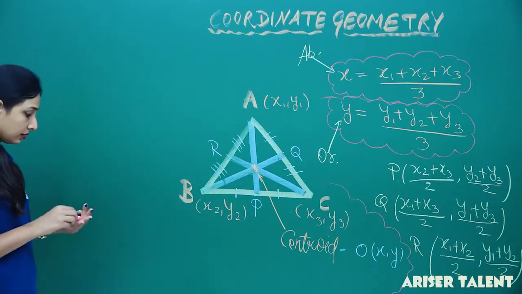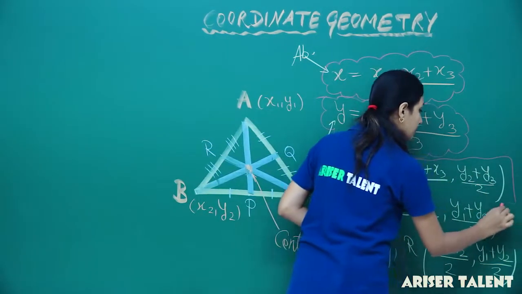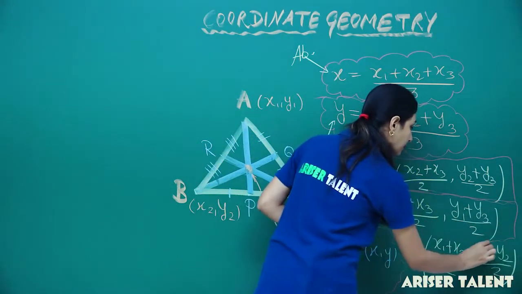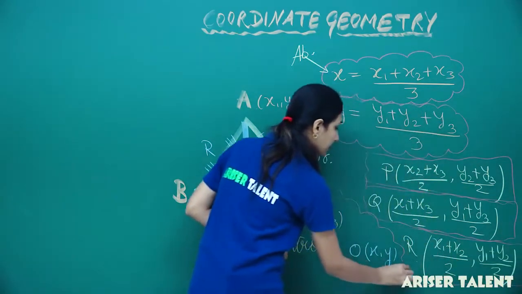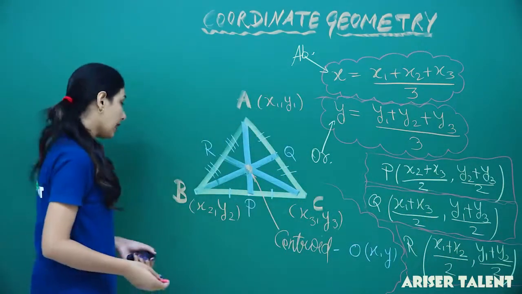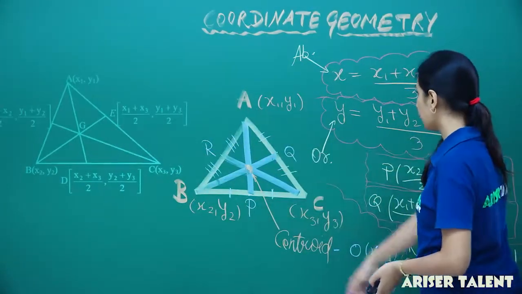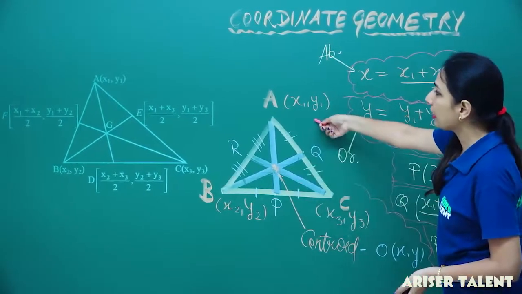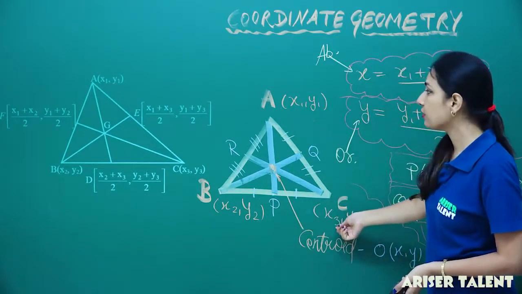Okay guys, understood it? So here it is first, here it is second, and here it is third. Now you can see guys, you're having similar things here. The coordinates are x1 and y1 here, x2 and y2 here, and x3 and y3 here.